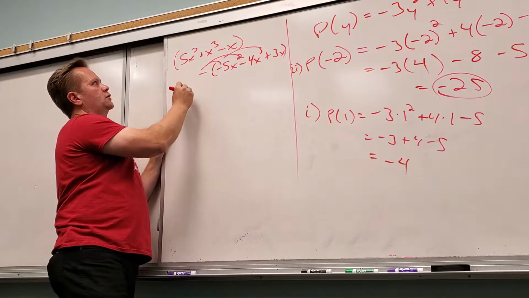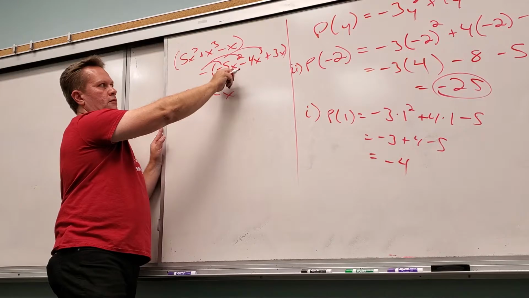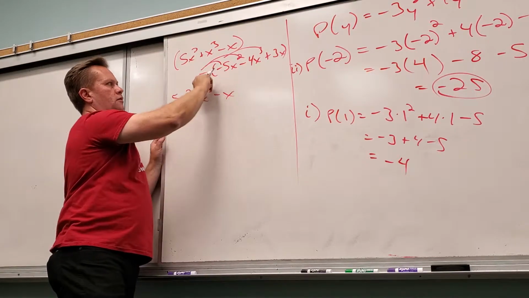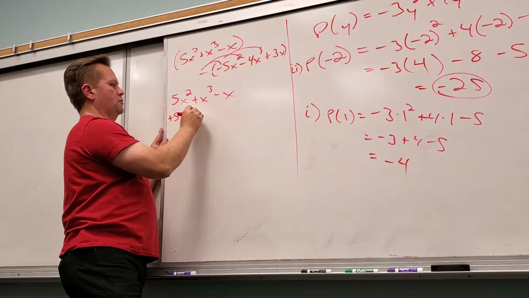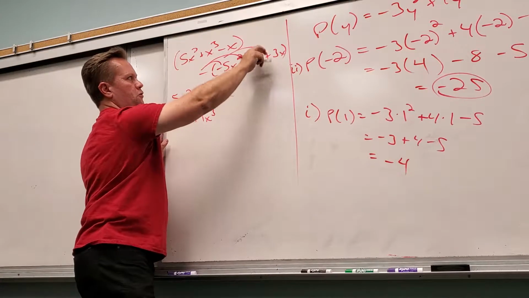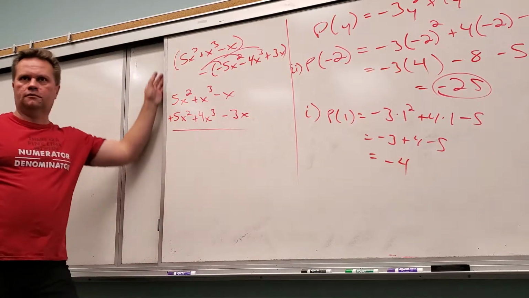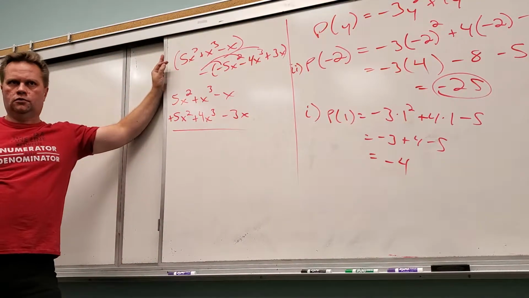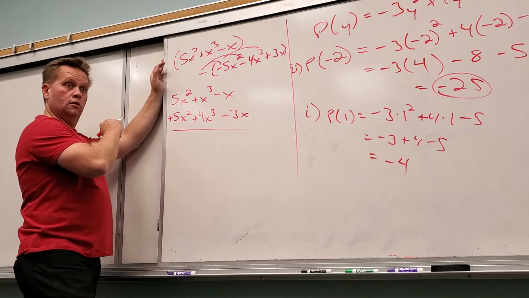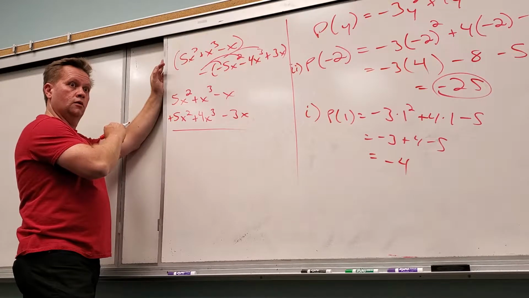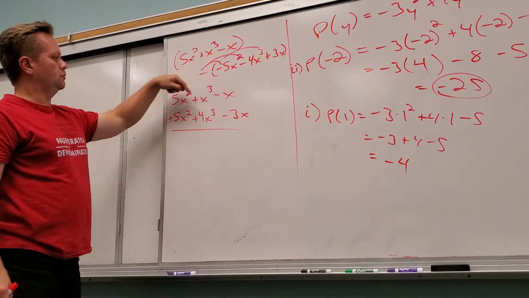So then I get 5x squared plus x cubed minus x, plus 5x squared plus 4x cubed minus 3x. See how I moved it over to be with the like terms? And then you just put your like terms together. This just happened to line up nicely.